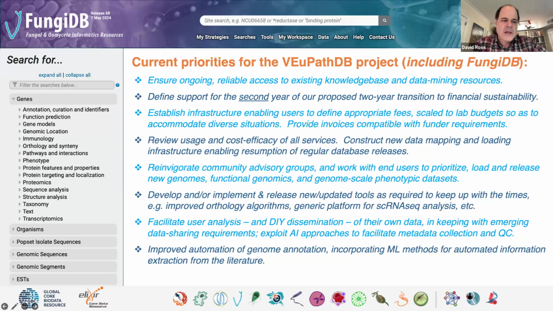moving forward. And so our plan for moving forward is to continue to apply for research grants in support of new technological changes, some of which are highlighted on this slide that I won't go through in detail, including AI-based methods to facilitate curation and QC of user data sets, and new technologies that allow users to process their own data sets through our pipelines and integrate those into FungiDB.